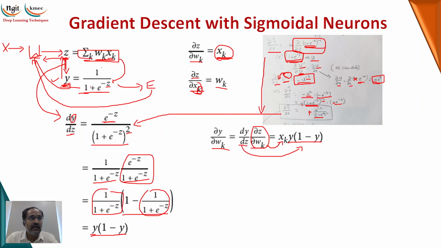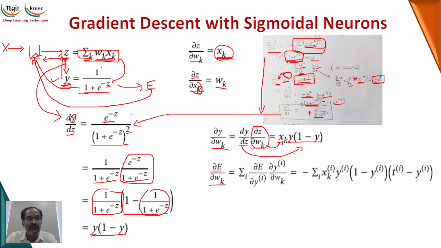Now what is our aim? Our aim is ∂E/∂w. We are calculating ∂E/∂w from E to w, and in between we have z and y. So ∂E/∂wk equals sigma of ∂E/∂yi into ∂yi/∂wk.